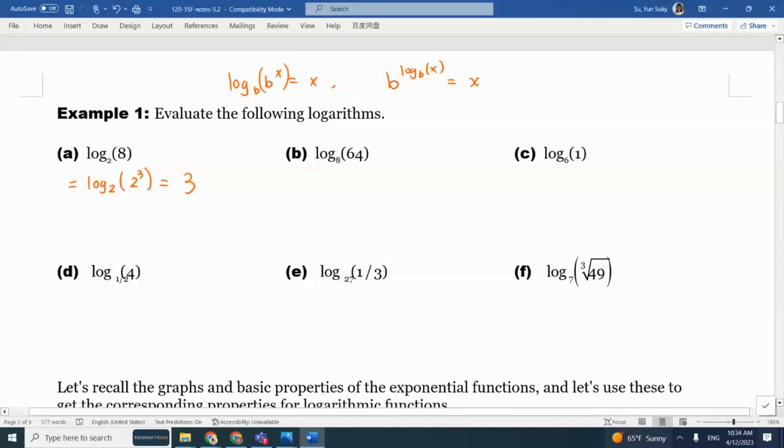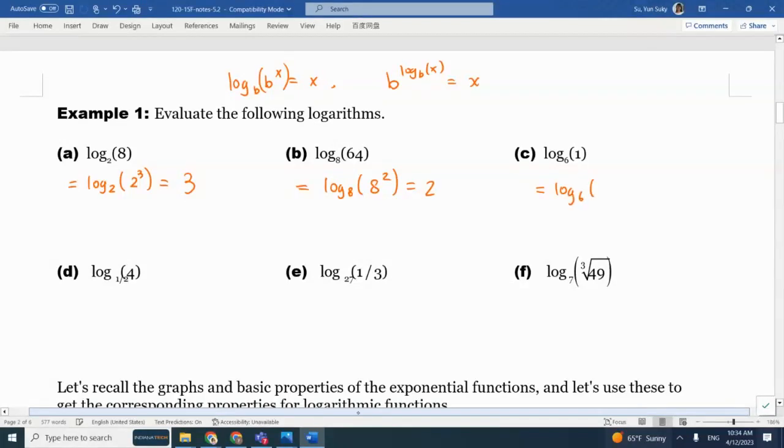Similarly here, we want to express 64 using the base 8. What's 64? It's 8 squared. Very good. So what is log 8 of 8 squared? 2. Yeah, awesome. How about log 6 of 1?